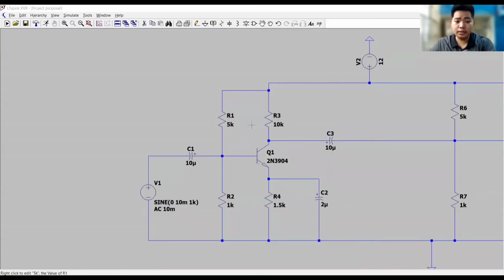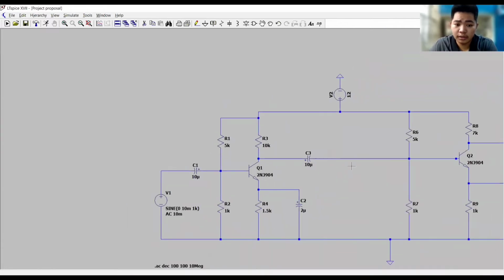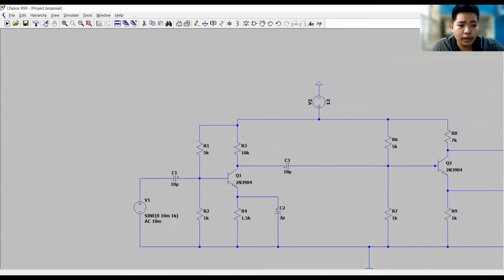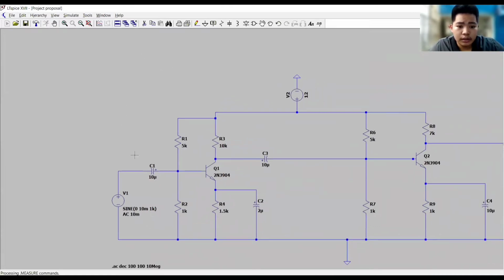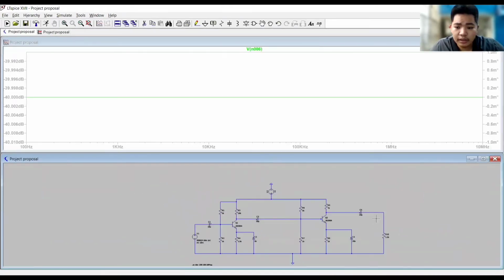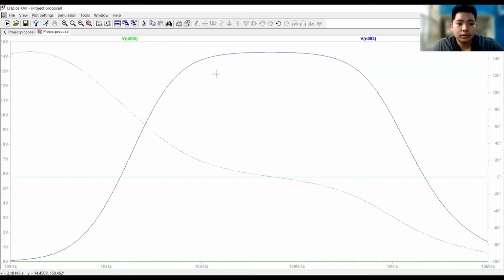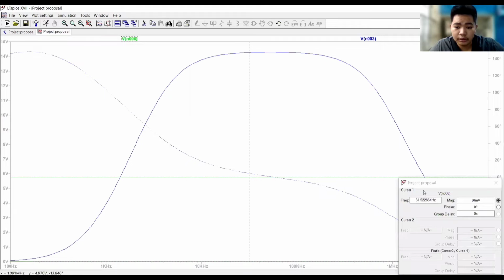Now, let us try to change the value of the amplitude in the AC signal to 10 microvolts. So if we plot V in and V out, changing this to linear, we can see that our voltage in has a value of 10 millivolts.